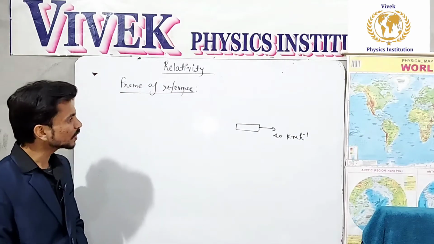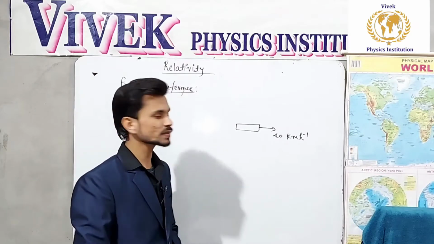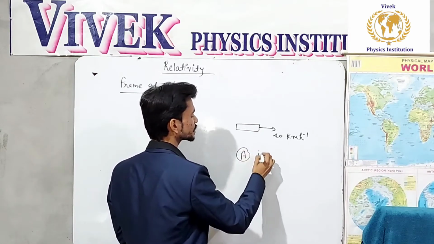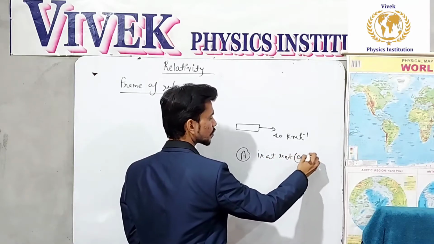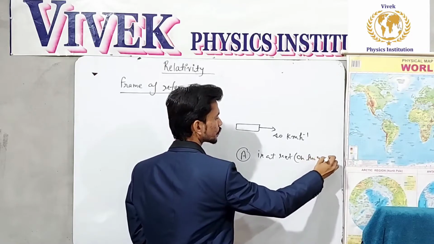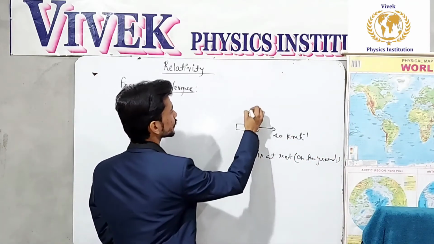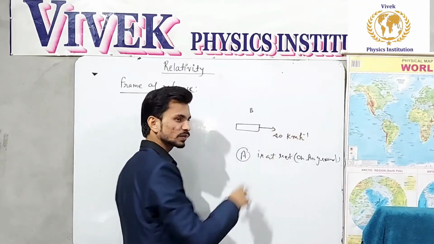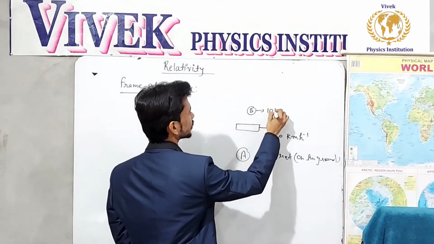Now let us suppose that there are three persons. One is A, who is at rest on the ground. The other person, B, is moving in the direction of the train with a speed of, let's say, 10 km per hour.